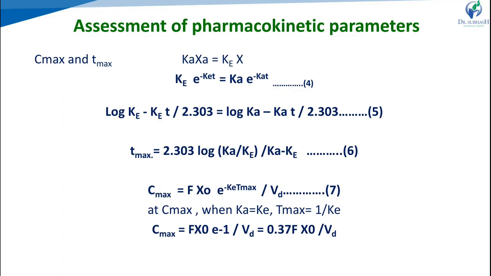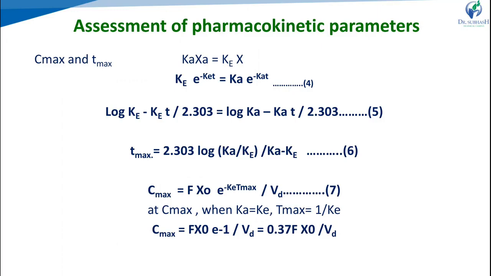At peak plasma concentration, the rate of absorption is equal to the rate of elimination, so KaXa = KX, and the rate of change in plasma drug concentration becomes 0. Simplifying the above equations, it becomes Ke e raised to minus Ket is equal to Ka e raised to minus Kat. Converting into log form, the equation becomes as shown.